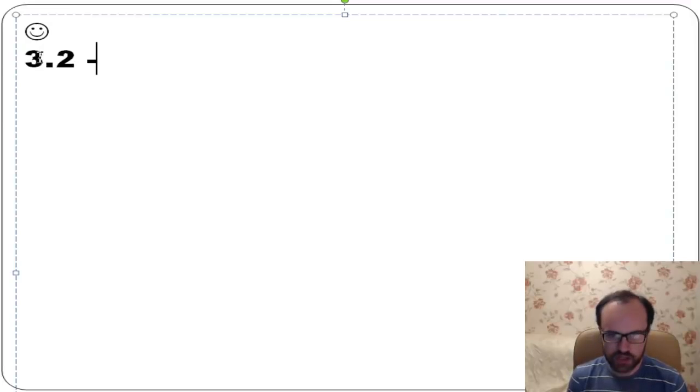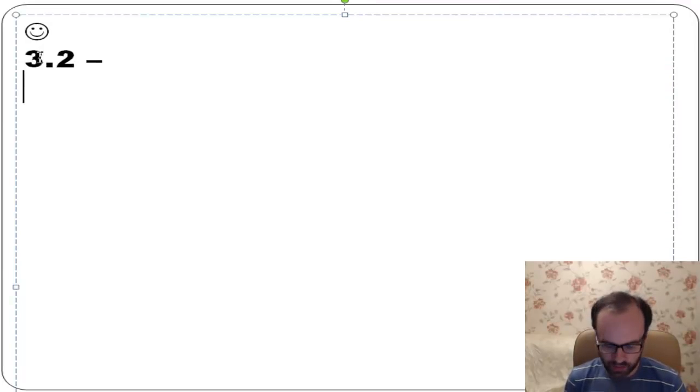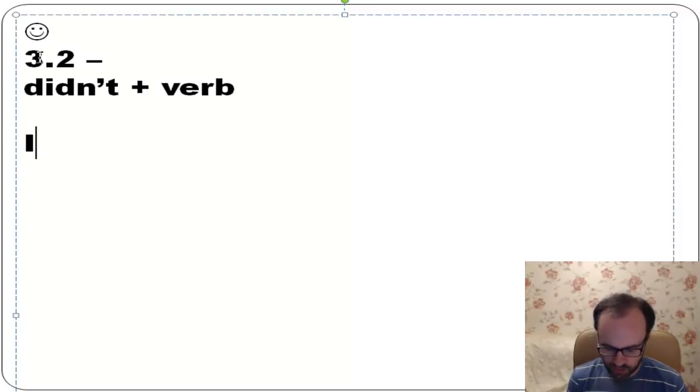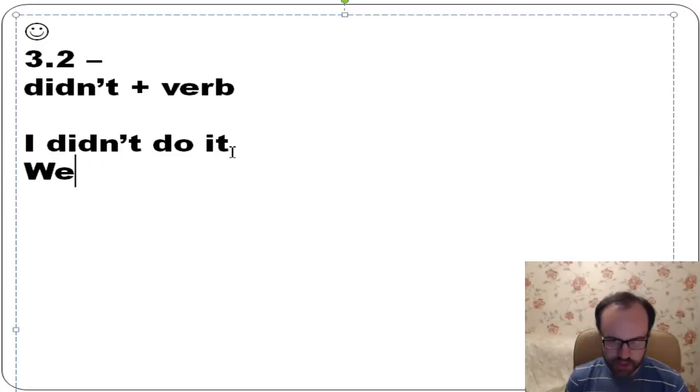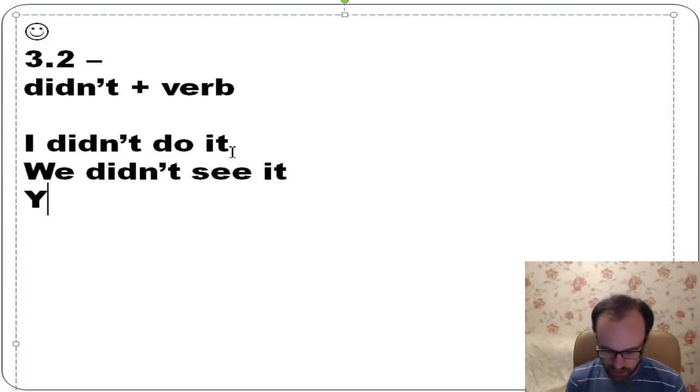Okay, so how to form a negative form in past simple? It's so easy. Didn't plus verb. So I didn't do it. We didn't see it.